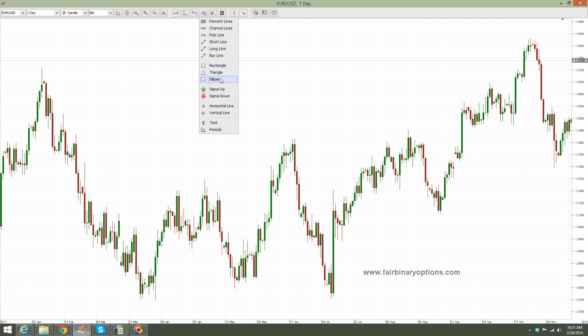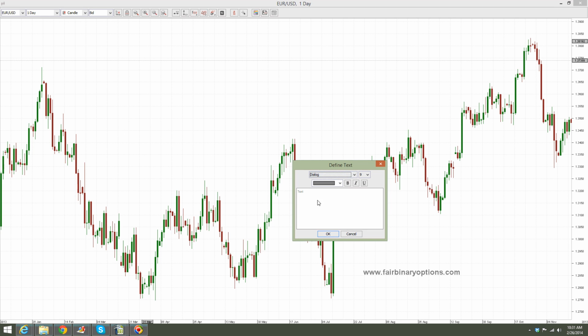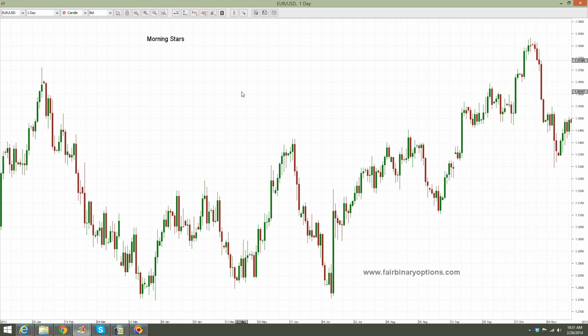Such a formation, the morning or the evening star, let me write here on the screen that we're looking at morning stars. This is the Japanese concept, and there is a whole theory based on these Japanese candlestick techniques, interpreting the candles.